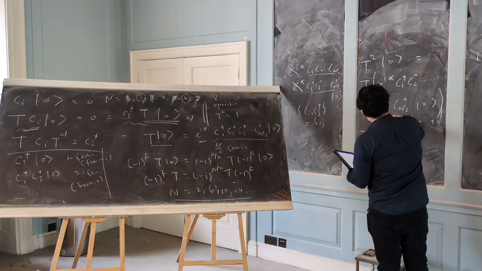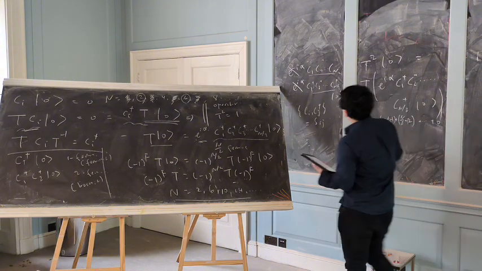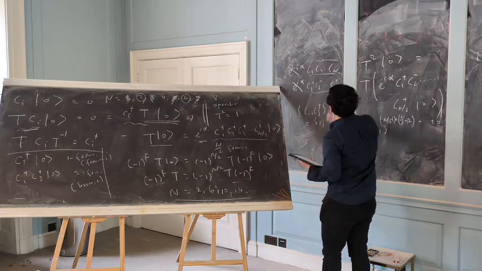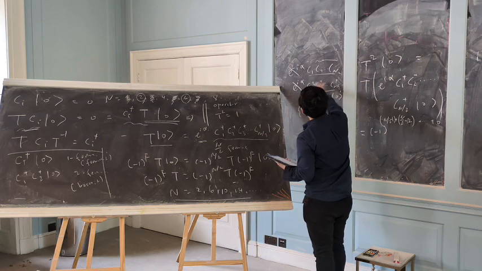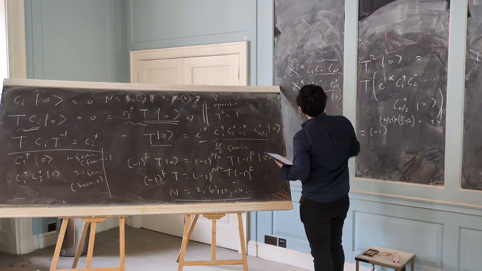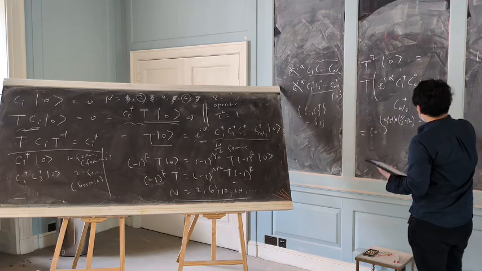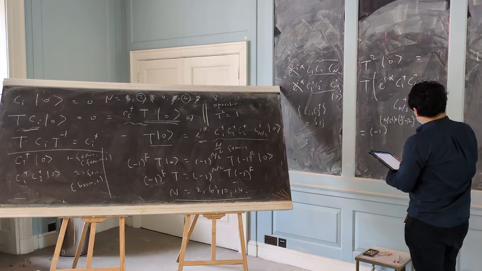So here actually I have a minus 1 here, minus 2. I want to move the CI dagger past C2, C3, etc. to C over 2. And similarly for C2 dagger, you have to move it past C3, C4 up to C over 2. So that's why you have over 2 minus 1 and over 2 minus 2, etc., until you reach 0.